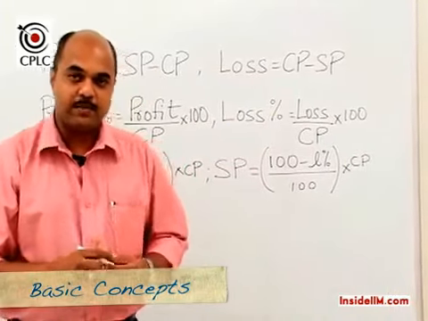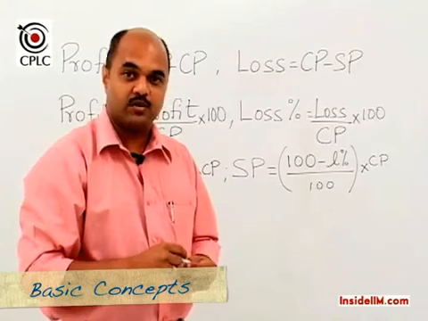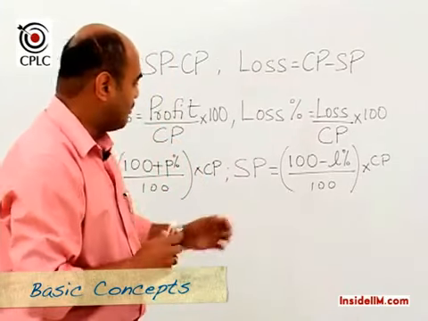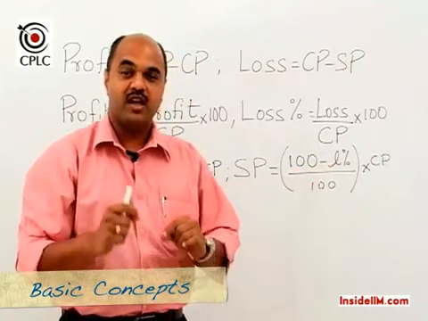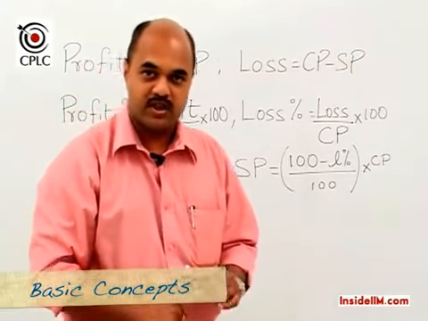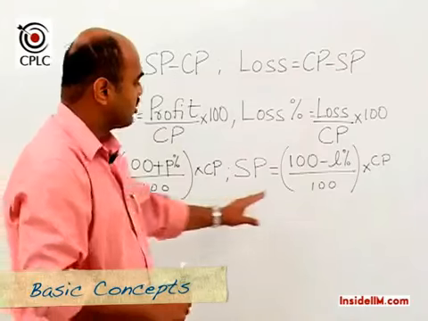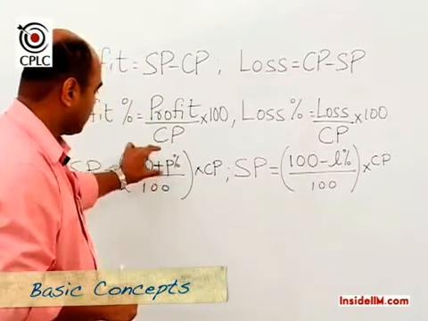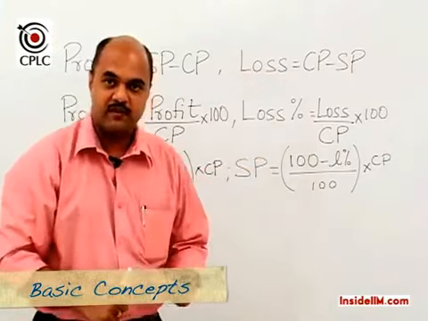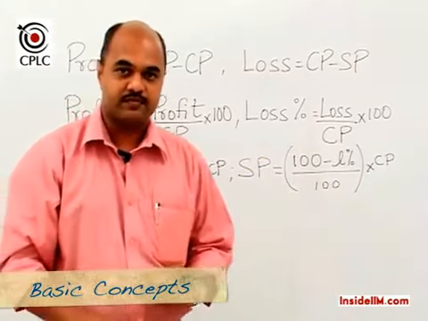So instead of a 20% profit, suppose I make a 20% loss, then my selling price would be 100 minus 20, which happens to be 80% of the cost price. Now this is in terms of a formula. But what we can also do is convert the profit percent or a loss percent in terms of a fraction.